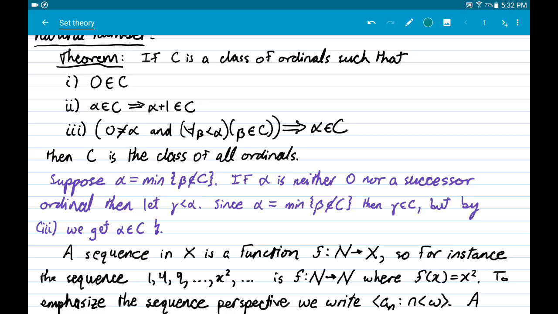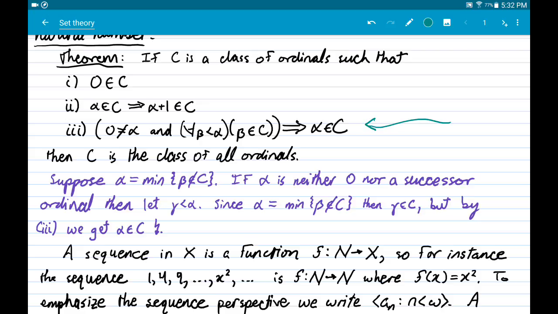And in fact, I didn't write this when I explicitly wrote down property 3, but this property 3 is stated for all limit ordinals. So we now have that our alpha, in fact, is not equal to 0, because we ruled that out. It is a limit ordinal.